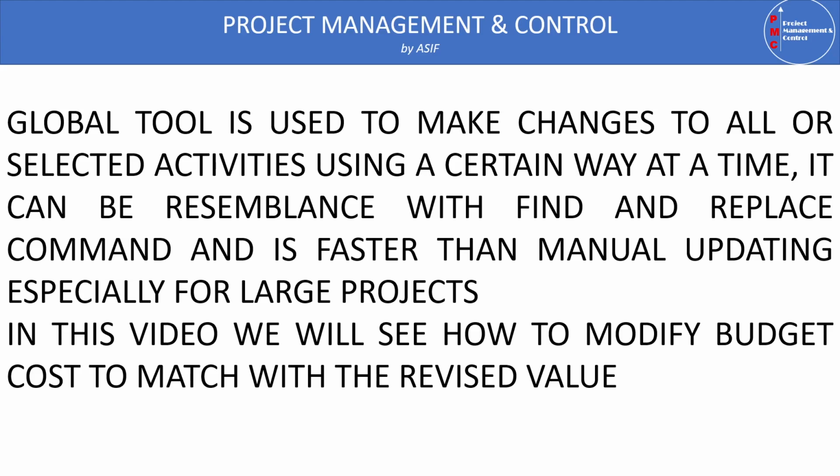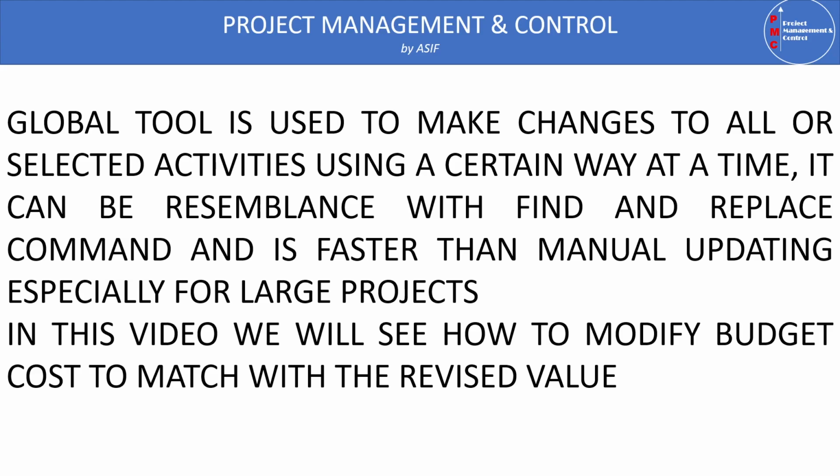This is used when the changes follow a specific way or a simple formula to be applied to all the activities. In this case, the global change is the best tool, because all the activities will be modified in a certain way, which can be a formula by multiplication, division, adding, or subtraction.